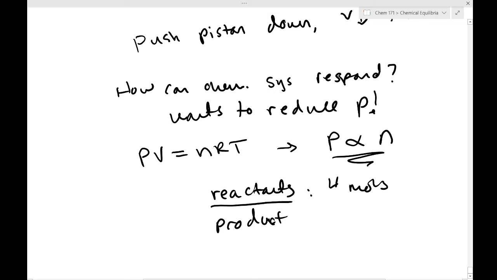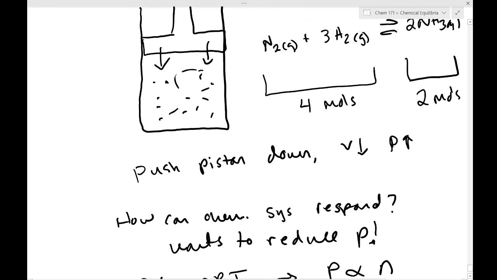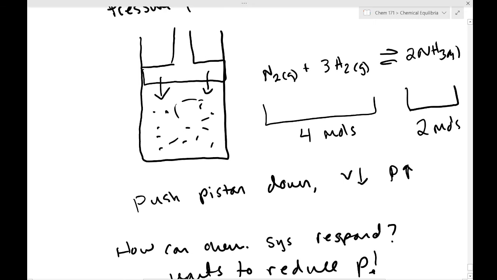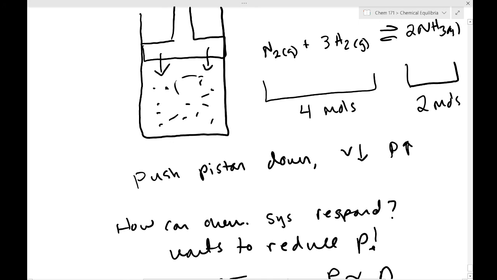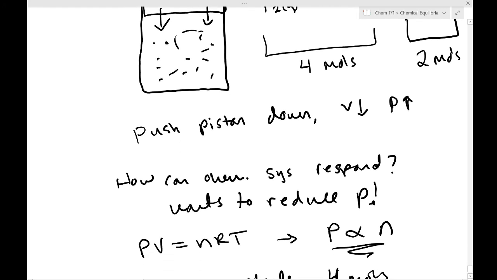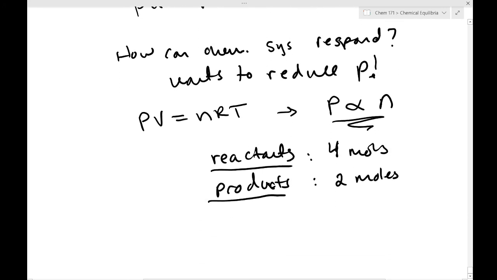The products have 2 moles. Right? Since pressure is proportional to n, which direction do you think this reaction would go in to reduce the extra pressure? If you said it's going to go to the right to reduce the pressure, you would be right.